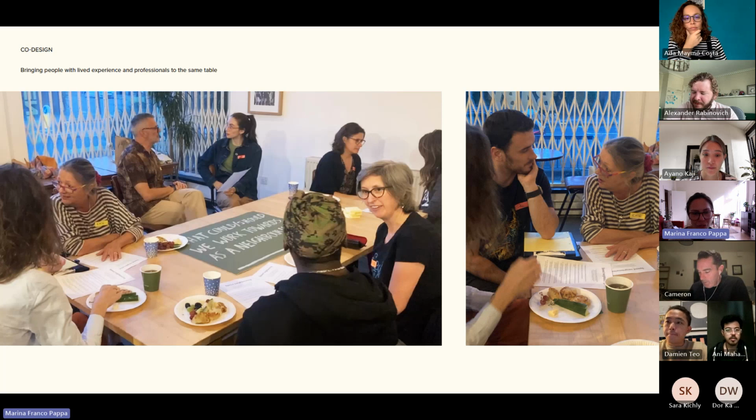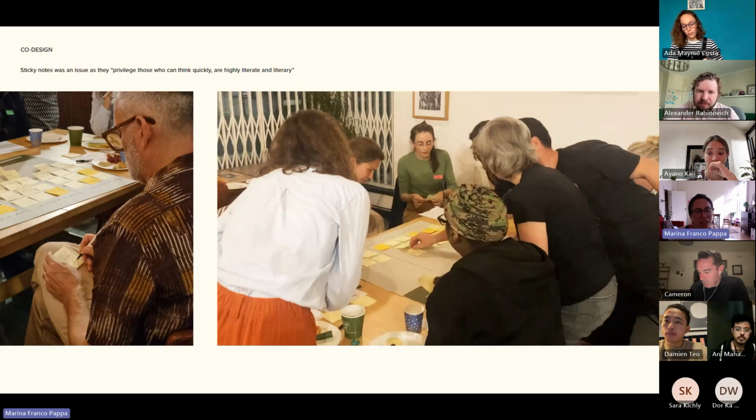So for me it was really interesting to see how putting together people with different ways to participate in the community was very productive. And then there was a big failure, because the book is called Beyond Sticky Notes, but somehow I ended up doing a workshop where for a good part of it we were relying on sticky notes.